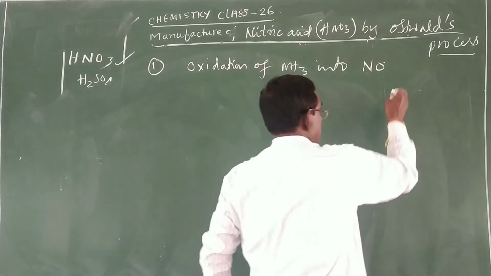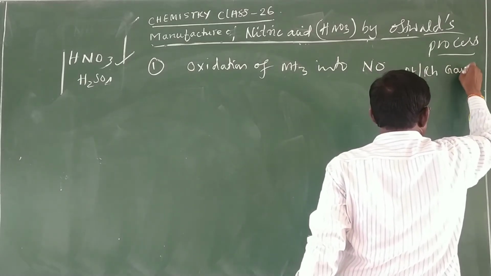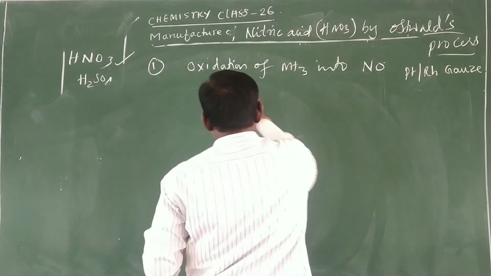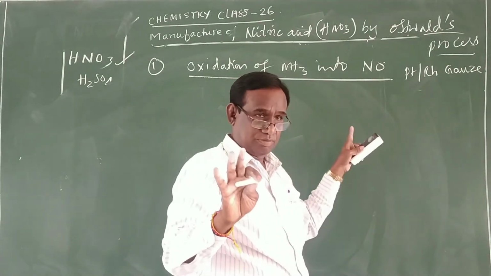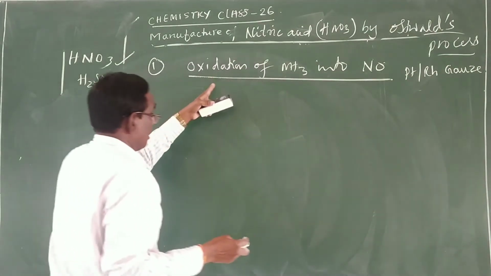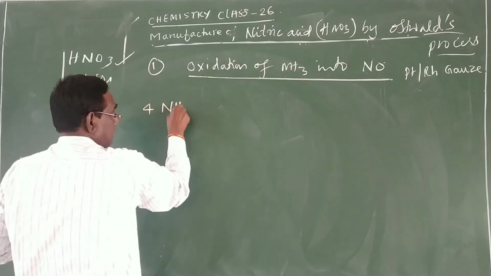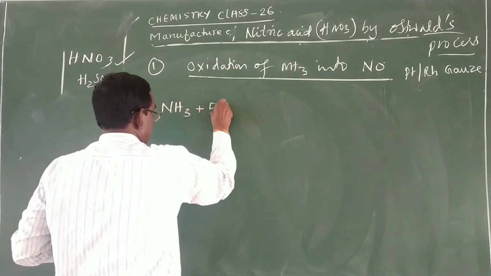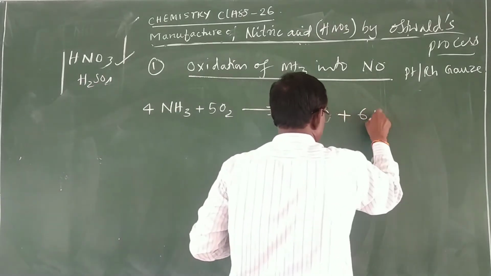This happens in the presence of platinum-rhodium gauze as catalyst. If you write oxidation of ammonia into nitric oxide, it is sufficient. Now the equation. What is the formula for ammonia? NH3. That is 4NH3 plus 5O2 gives 4NO plus 6H2O.